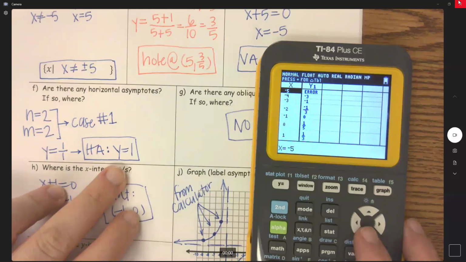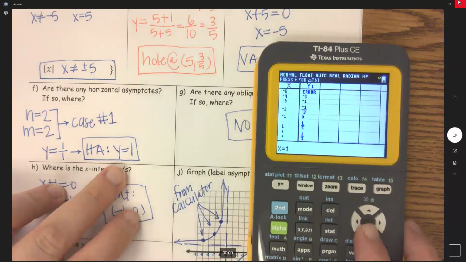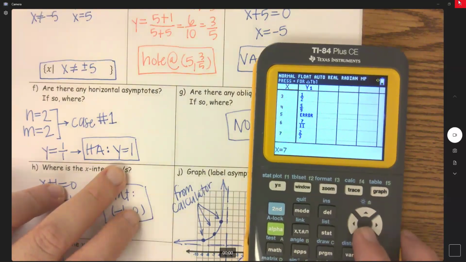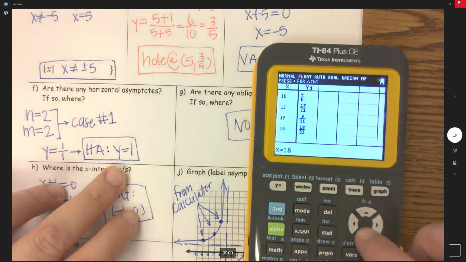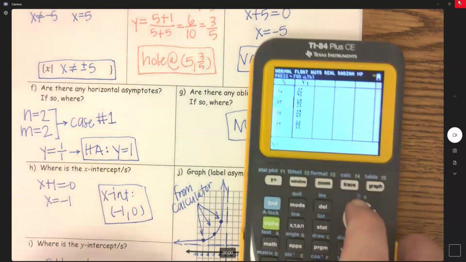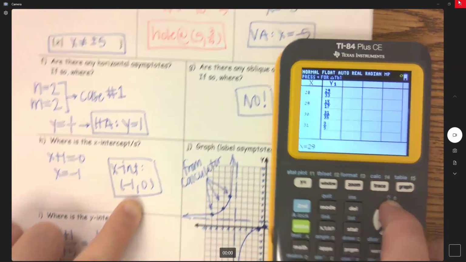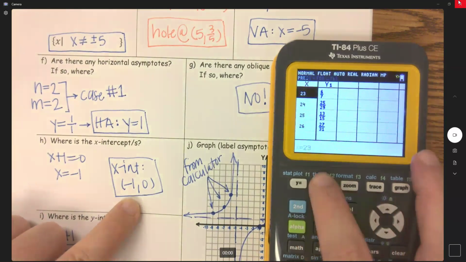You have a vertical asymptote at 1. I don't know if this will show as well with these fractions. But you can see these fractions here, those numbers are getting closer and closer to 1. As those numbers get closer and closer to each other, that means it's getting closer and closer to 1. Then I can see my x-intercept here.